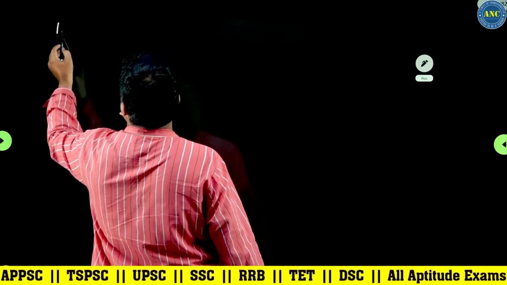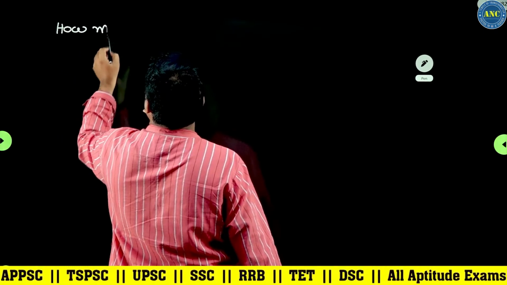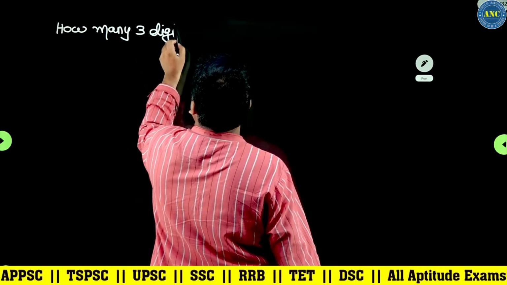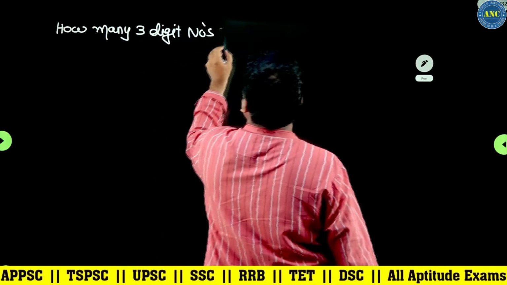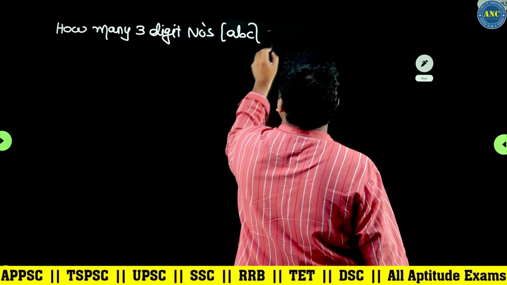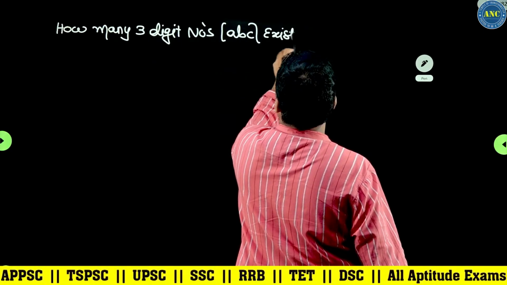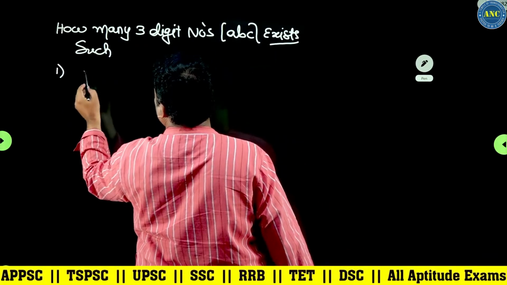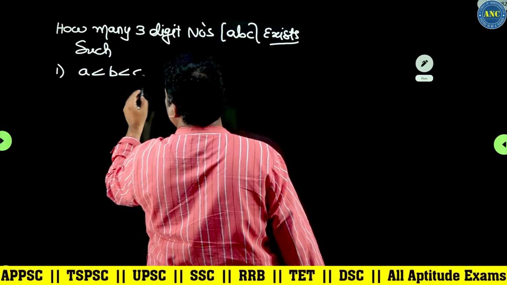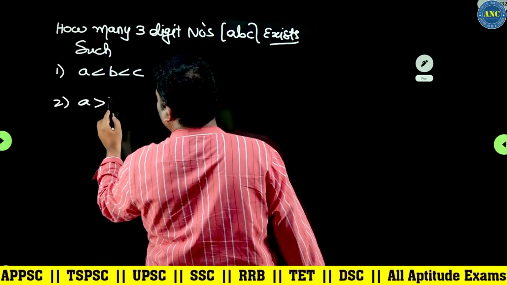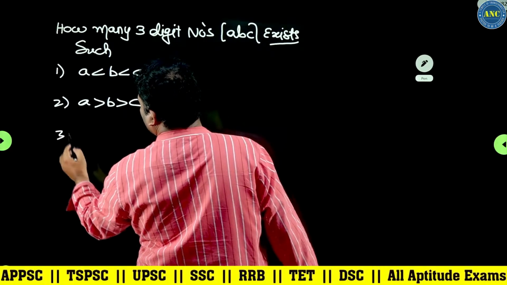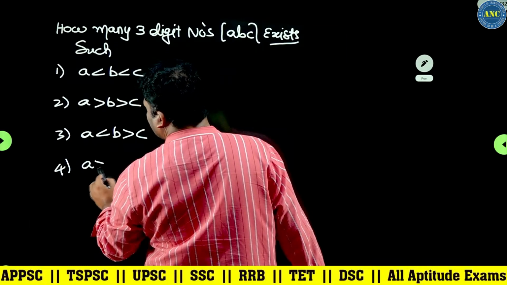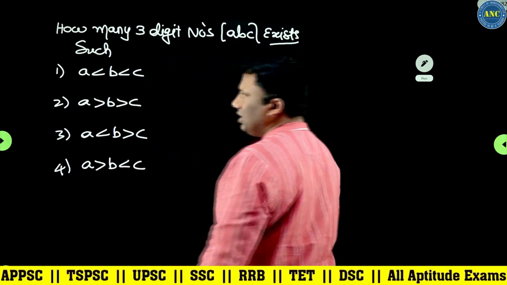Now see, how many 3-digit numbers A, B, C exist such that, in all the cases we will see: A less than B less than C, A greater than B greater than C, A less than B greater than C, A greater than B less than C. These are the cases.